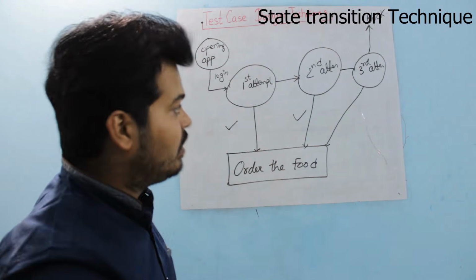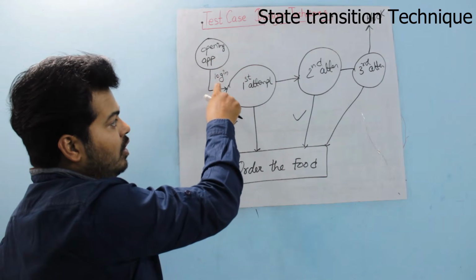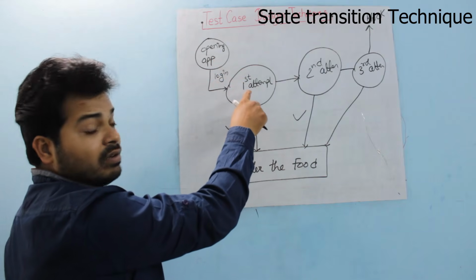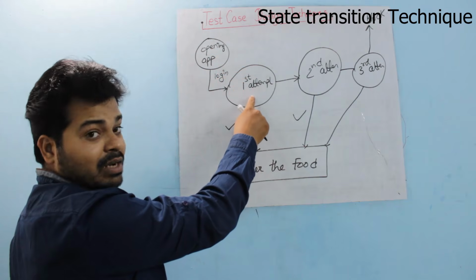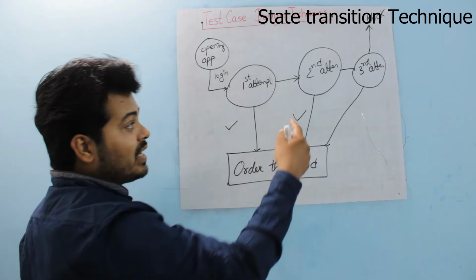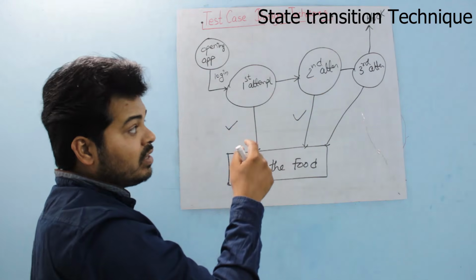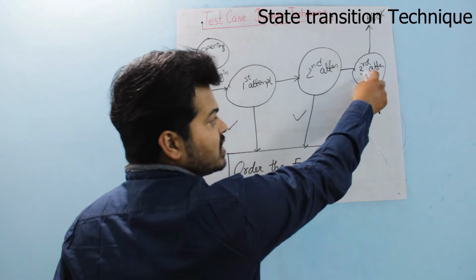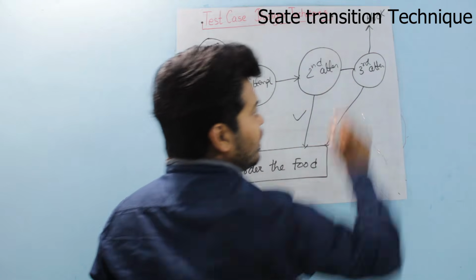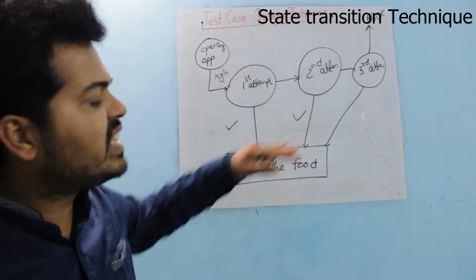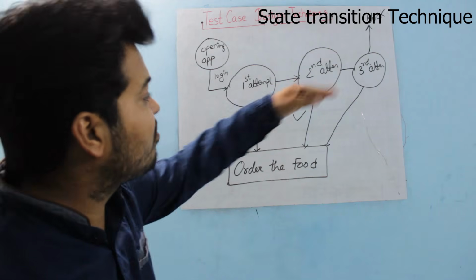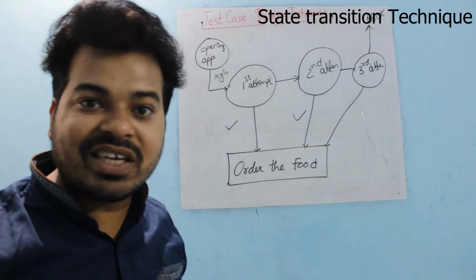Your next stage will be opening the app, login, do the wrong attempt in the first attempt, the wrong attempt in the second step, the wrong attempt in the third step, and finally blocking him. There are different stages, different states of the machine which you need to test.